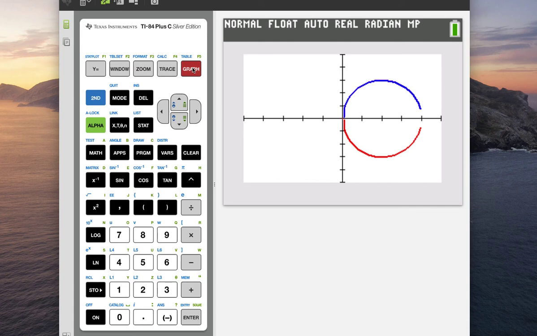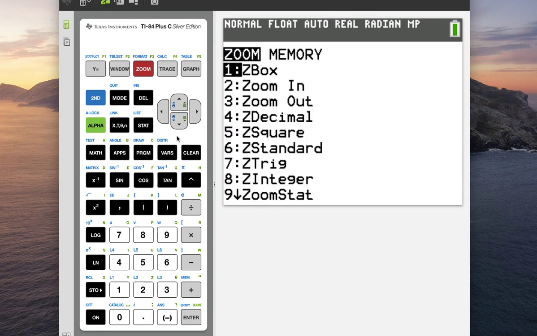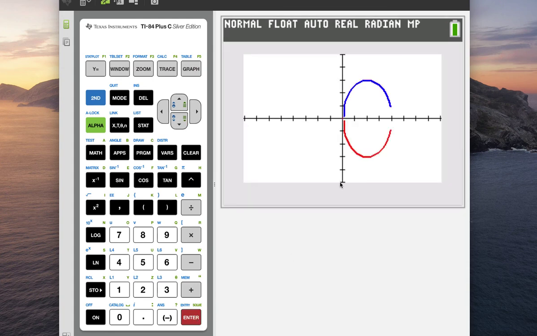Remember, I know that this still looks a little bit strange, but I want you to remember that the spacing between x values is different than the spacing between y values, right? So if you wanted to make it a little bit more true to how it might look when the scales were consistent, remember, one thing you can always do is hit zoom square, and then now it's more elongated like it is on the picture that we just drew.